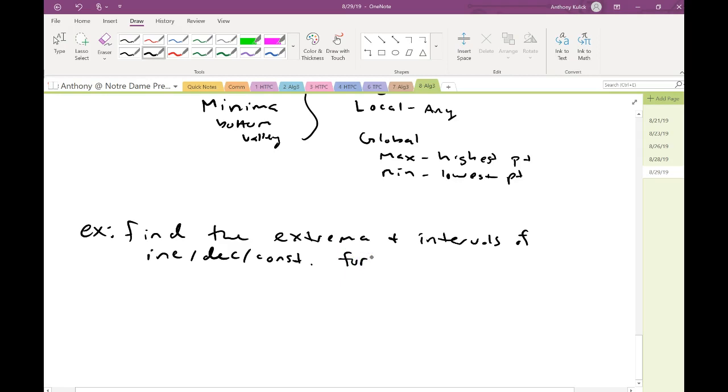So suppose we want to find the extrema and the intervals of increasing, decreasing, and constant for the function here. I'll write it as y equals x to the fourth, plus 2x cubed, minus 4x squared, minus 3x plus 1.